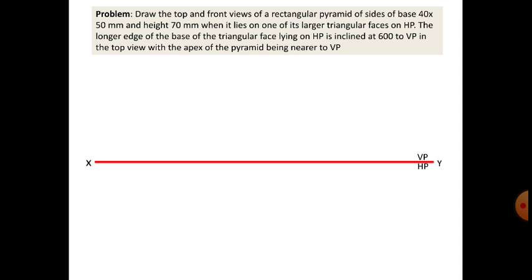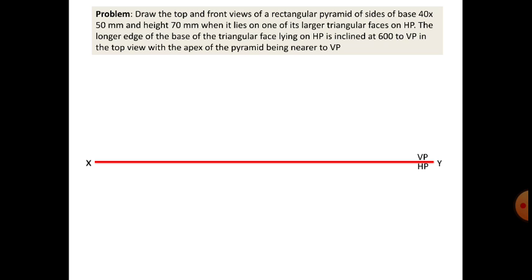It is saying that it is lying on the longer edge of the base. Means what? The base sides are how much? 40 and 50, right? It is lying on the longer edge, and the same edge is inclined at 60 degrees to VP.